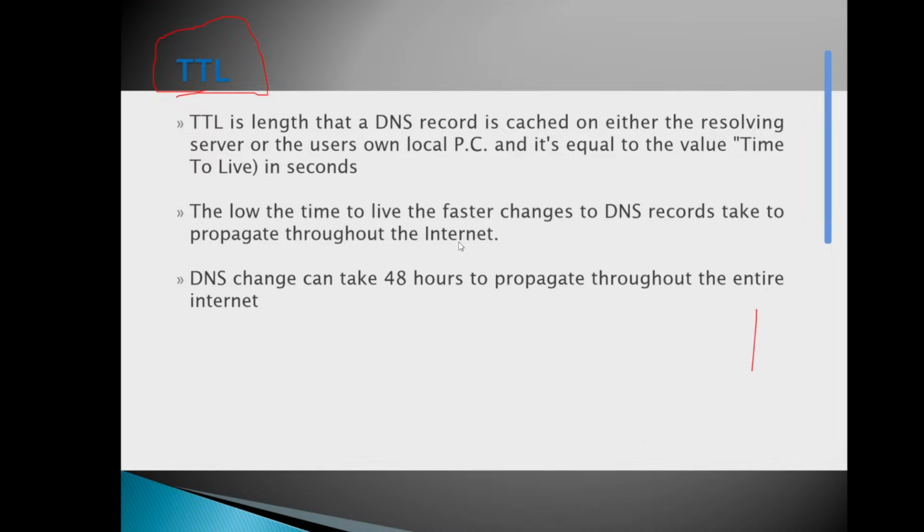In practical scenarios, it is said that if you are changing the configuration of your DNS or your domain name, it can take up to 48 hours to propagate all the changes over the internet. If you made any changes, let's say you changed the IP or its details, it will take up to 48 hours to sync all the devices over the internet.